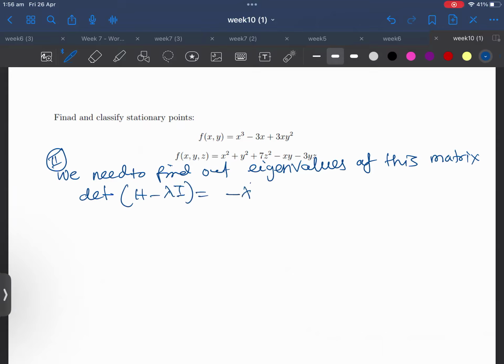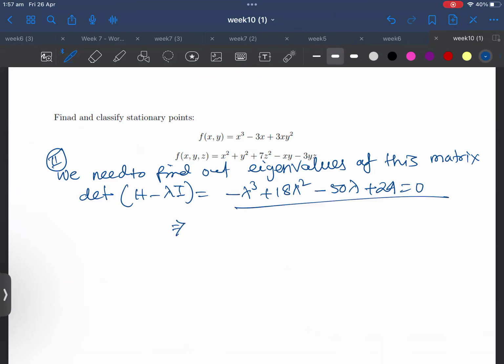So this is a characteristic polynomial, minus lambda cubed plus 18 lambda squared minus 15 lambda plus 24 equal to 0. We need to solve this characteristic polynomial.